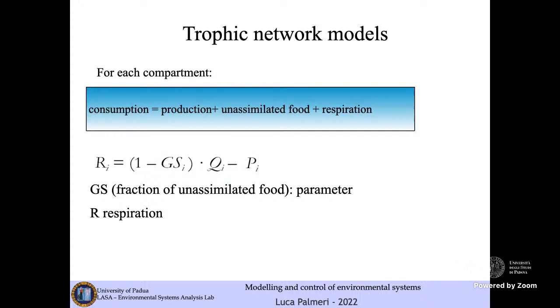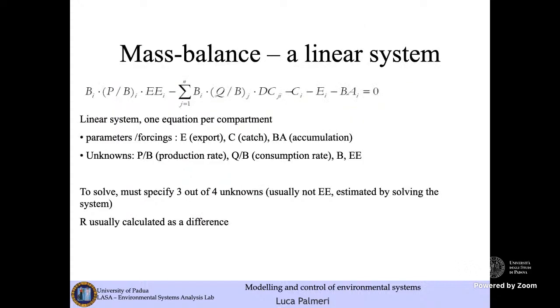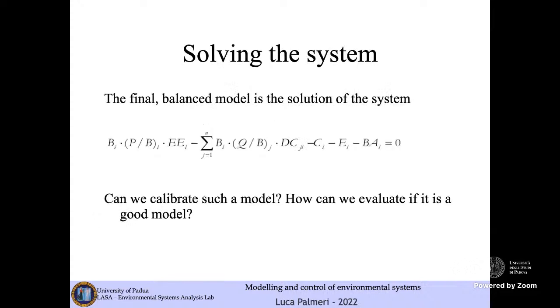I'm not going into the details of this calculation because they're very simple. This is a mass balance in a linear system. You can find details in the manual of the software EcoPath.